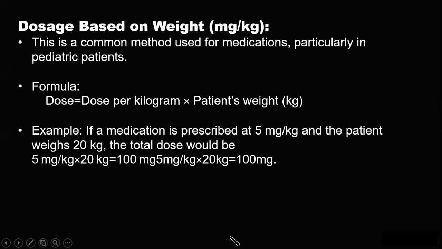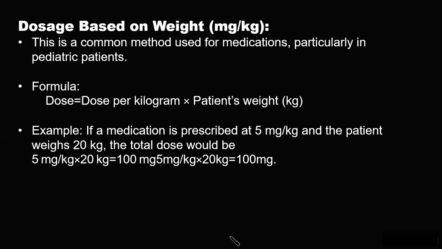Okay, now let's look at dosage based on weight. We want to now look at the practical aspects of what we've been talking about. Now, especially in pediatric patients, we really look at the weight of a person. So the dose is dose per kilogram times patient's weight. That's how it is multiplied to actually get the right medication.